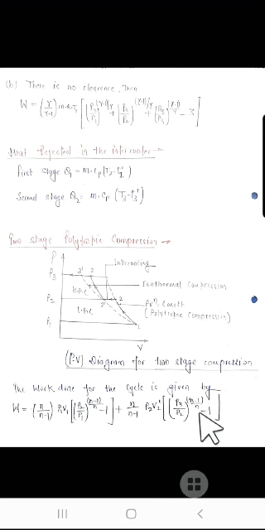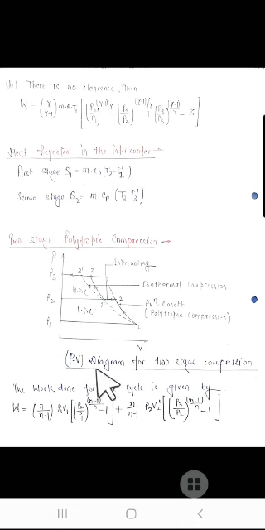If adiabatic compression occurs, then this formula will be equal to gamma upon gamma minus 1 into P1 V1 bracket (P2 upon P1) to the power (gamma minus 1) upon gamma, minus 1, plus gamma upon gamma minus 1 P2 V2 dash bracket (P3 upon P2) to the power (gamma minus 1) upon gamma, minus 1.